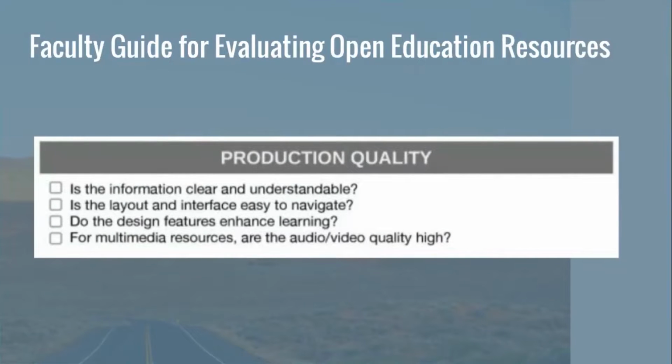Next criteria is production quality, which deals with the design and production issues of the resources, like is the information clear and understandable? Is the layout and interface easy to navigate? Do the design features enhance learning? For multimedia resources, are the audio and the video quality high?